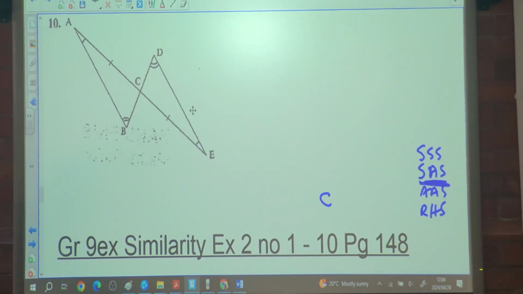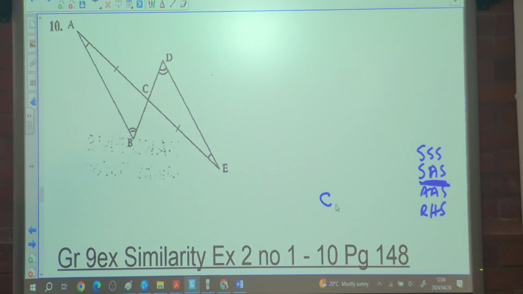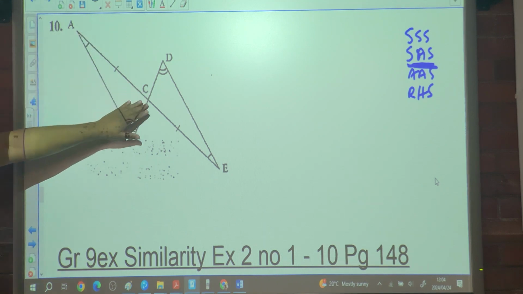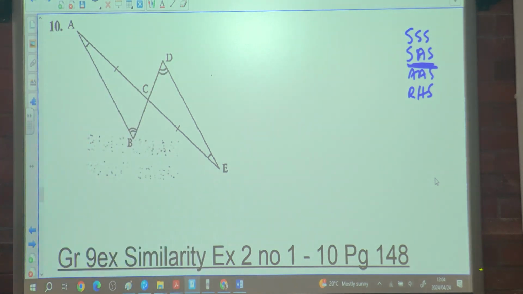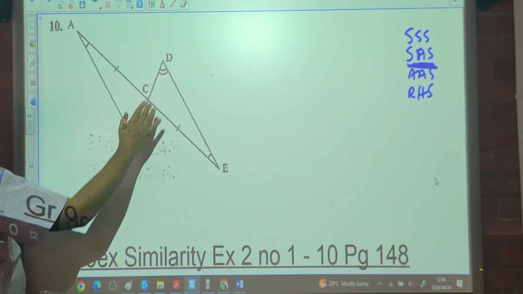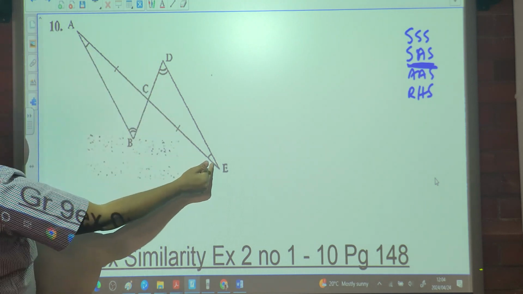Number 10. So here we've got two triangles, ABC and DCE. Right, what do we know? Angle A is equal to angle E, yes.